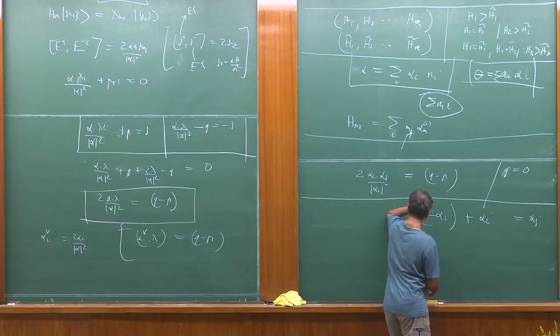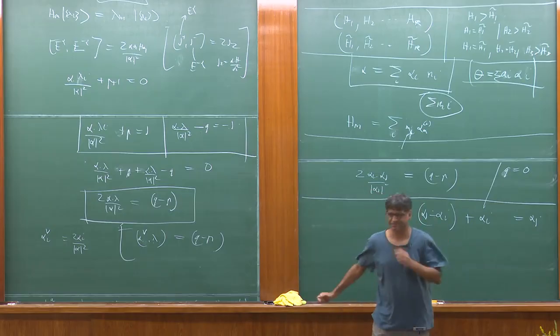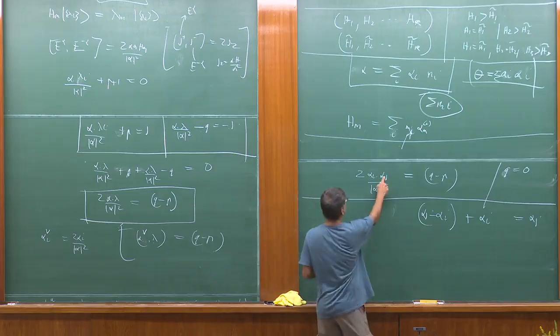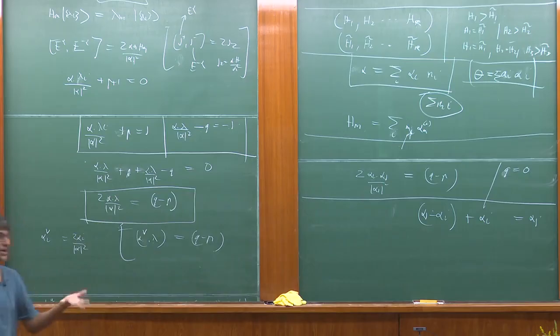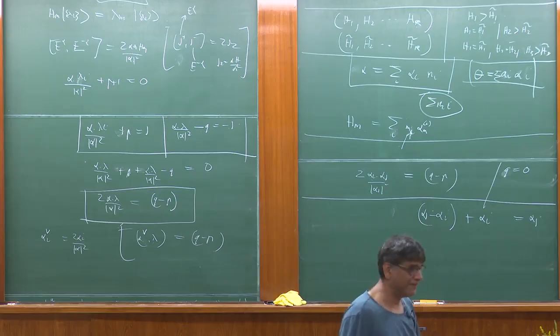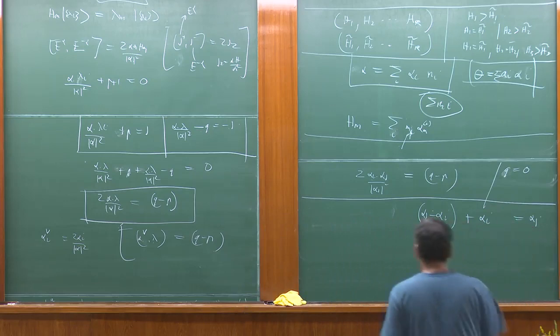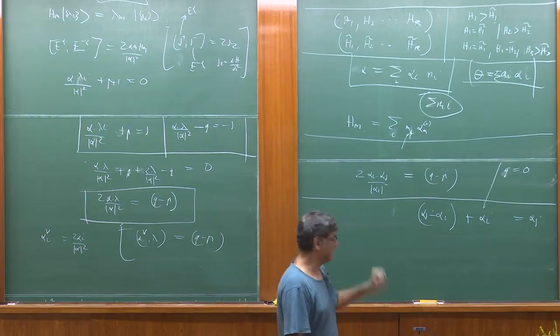What I can do is do this in the space of i's. In the space of i's, I can choose this one to be larger than that one. Let me choose j to be a larger root than i. Then alpha j minus alpha i is a positive root. If I make that choice, then I've got two positive roots whose sum gives me alpha j, and that's a contradiction.